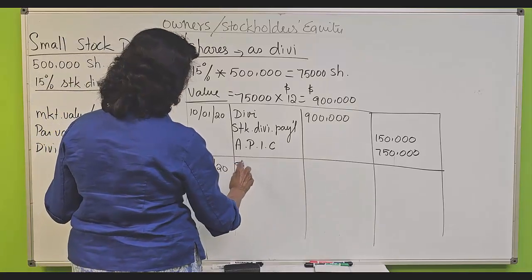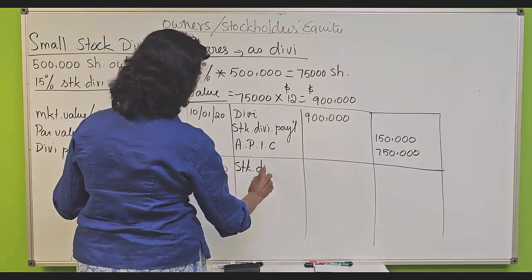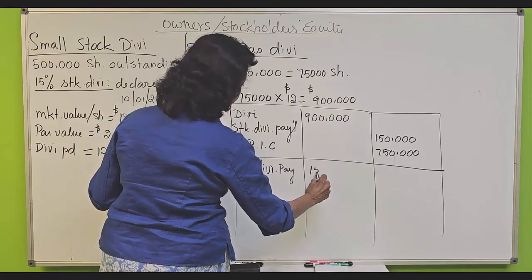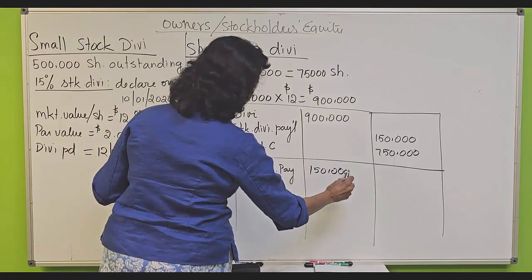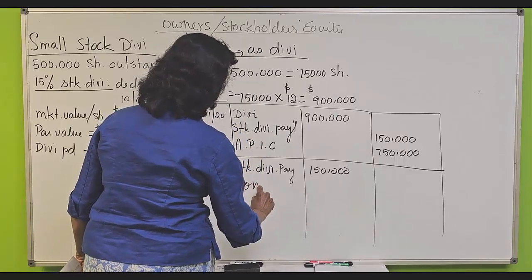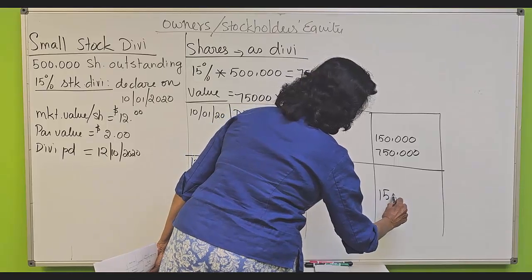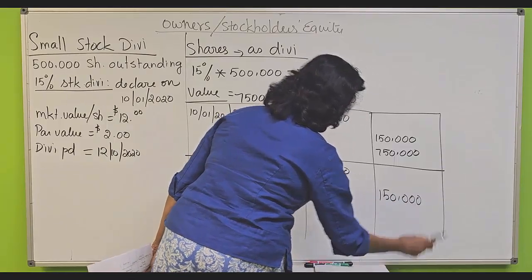Now you debit stock dividend payable for $150,000 and you credit common stock for $150,000.